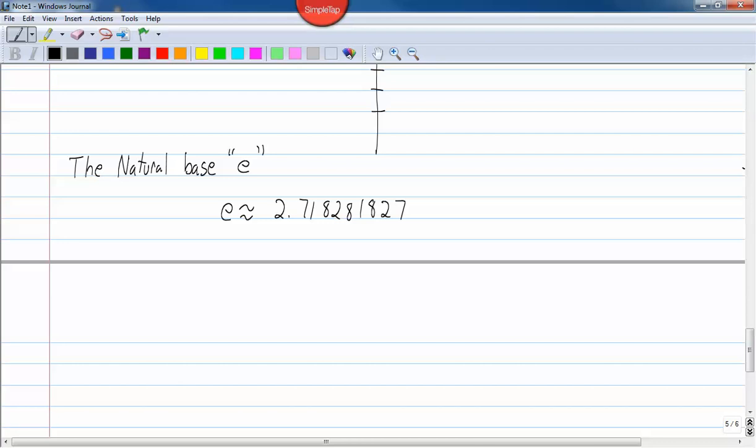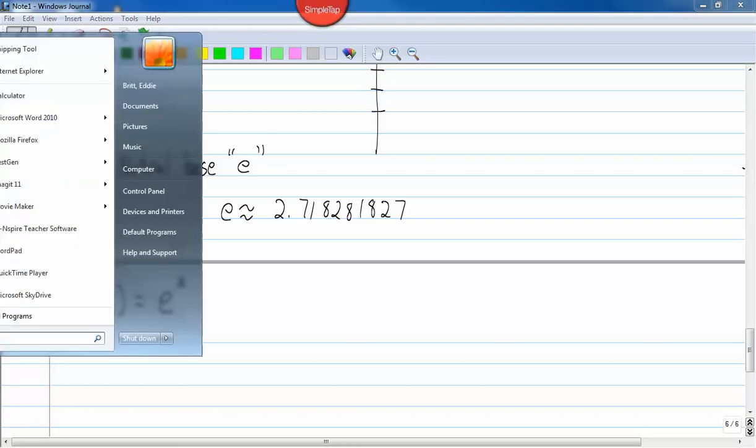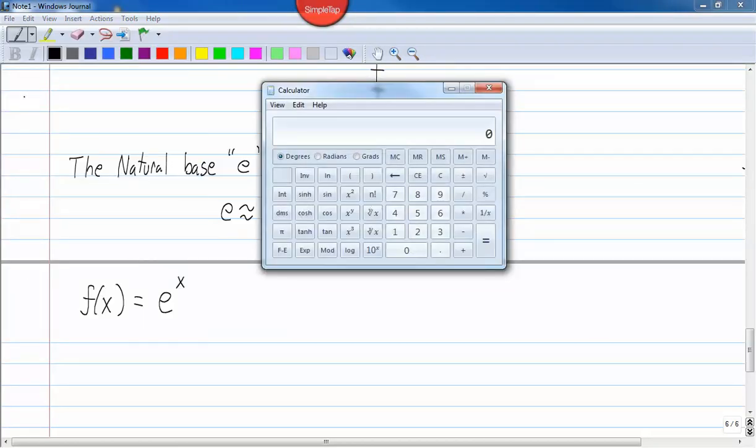Okay, and the basic e function that we use is e to the x power. That's an exponential function. It's also a transcendental function. Okay, but if we have e to some power, if you've noticed on some calculators, we have sometimes an e to the x button.